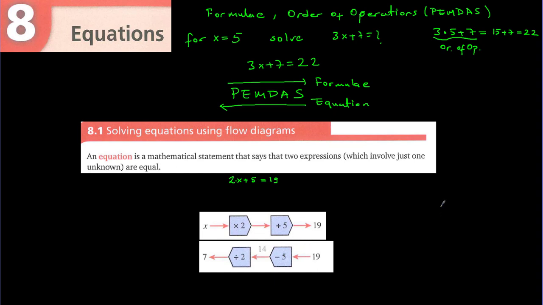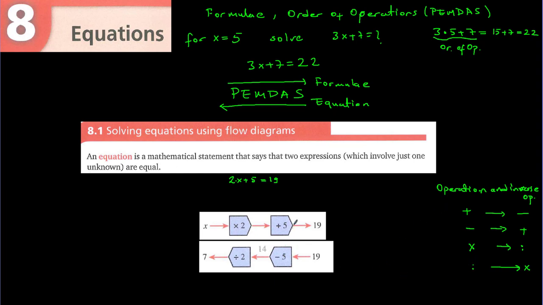And let me remind you about the operations and their inverses. Inverse operation: for the positive, it's going to be negative. For addition, it's going to be subtraction. For subtraction, it is going to be addition. For times, it's going to be division. For division, it's going to be multiplication. I said times, which means multiplication.